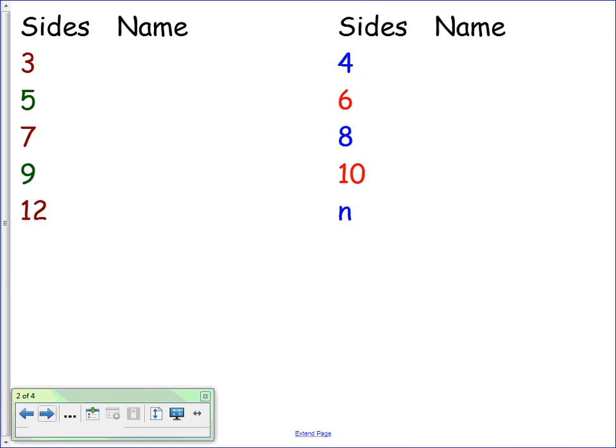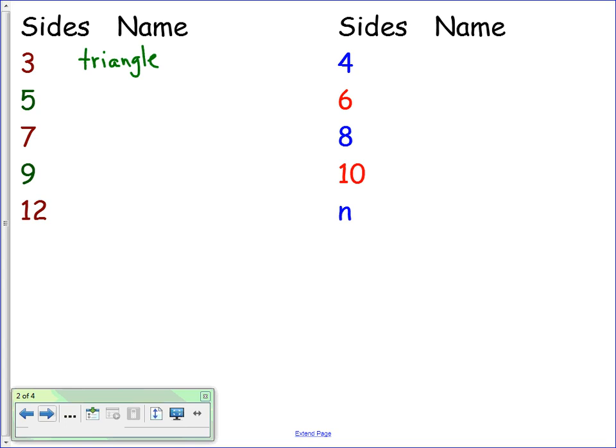Alright, so one way to classify them is convex or concave. The other way to classify them is by the number of sides. So we'll simply go through this quickly here and name all of them. A three-sided polygon, we all know, is a triangle.